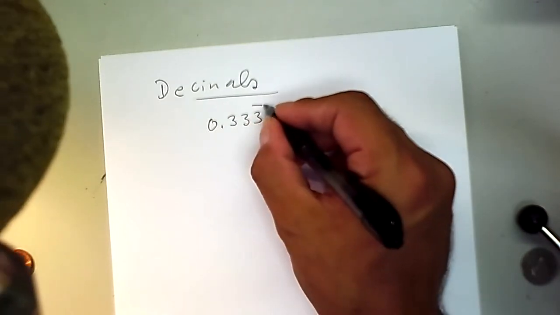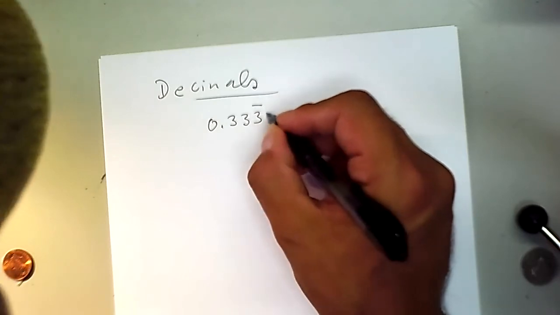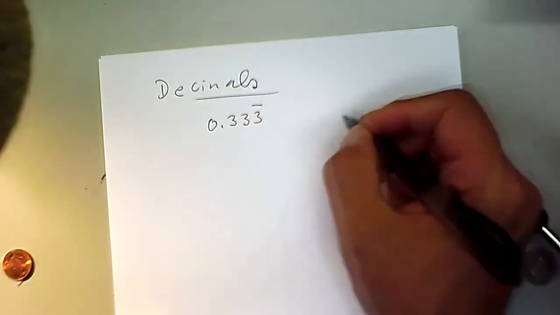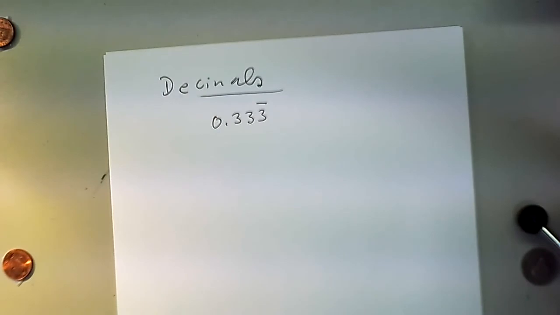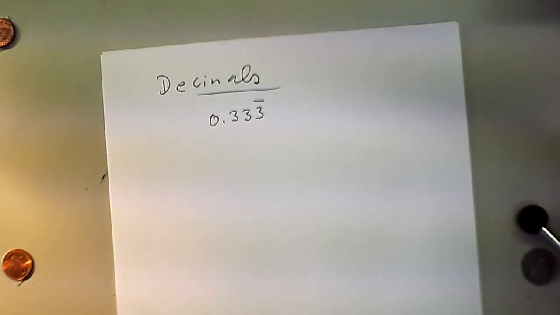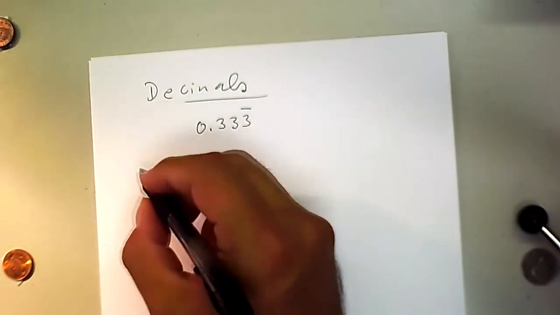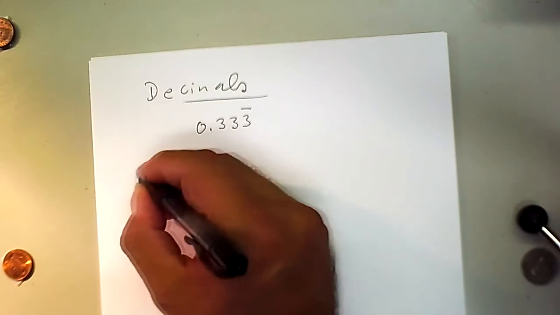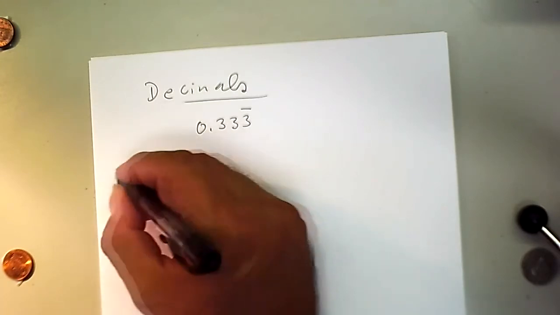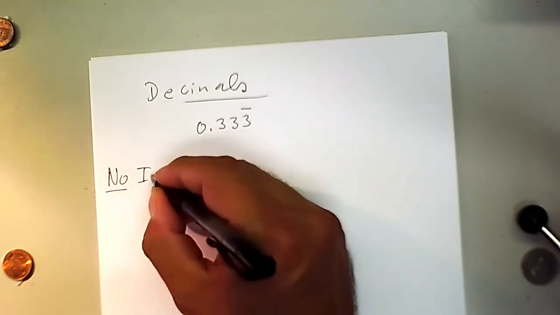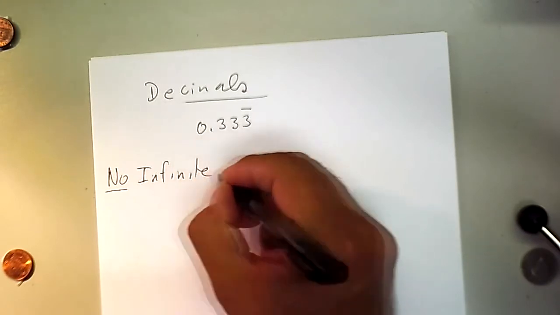So they use this symbol, a little bar on top of the last digit, indicating that the 3 repeats. We will not, I repeat, we will not use infinite decimals in my classes. So no infinite decimals.